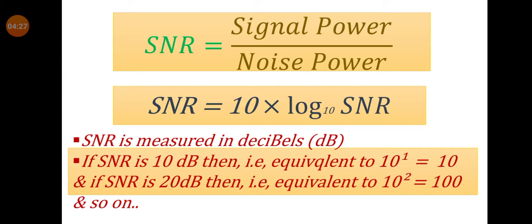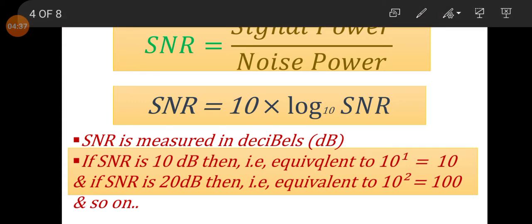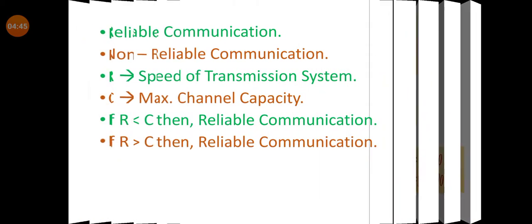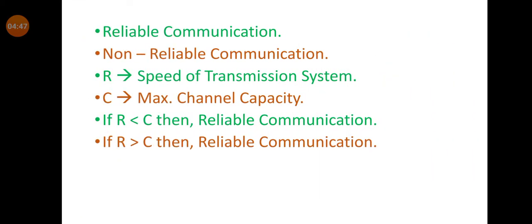When SNR is given in dB, we can calculate it using the power of 10. If SNR is 10 dB, then 10 raised to 1, that is 10. If SNR is 40 dB, then 10 raised to 4, that is 10,000.